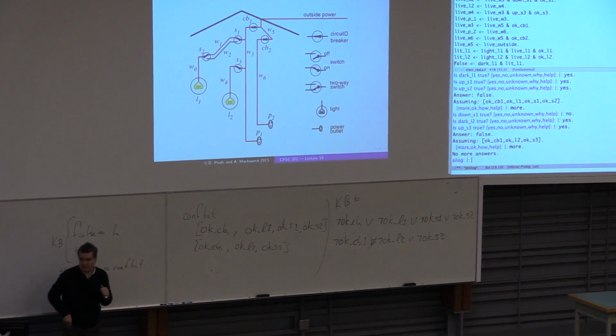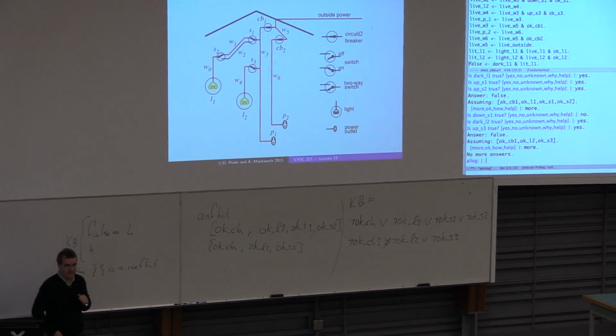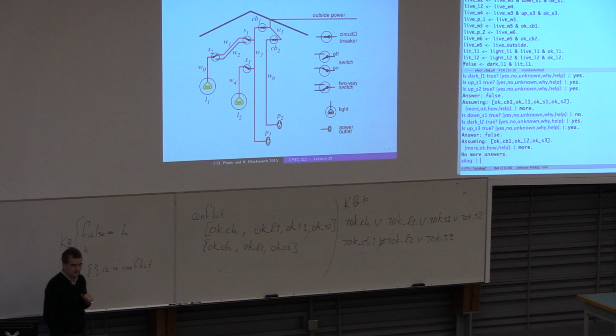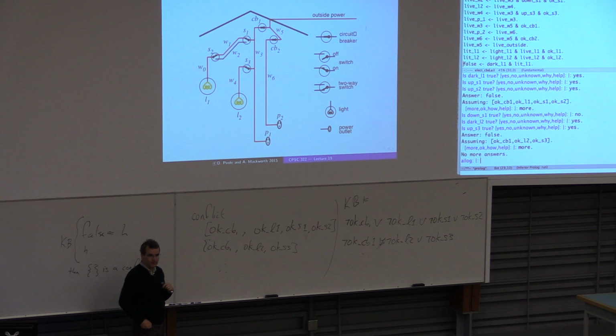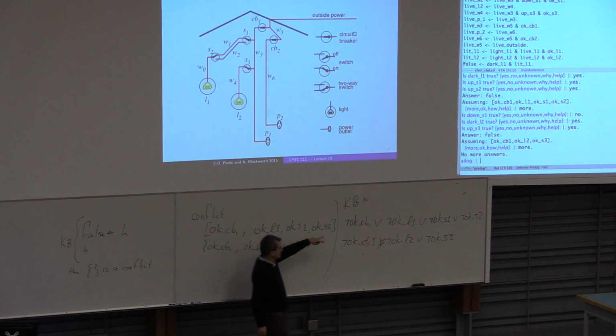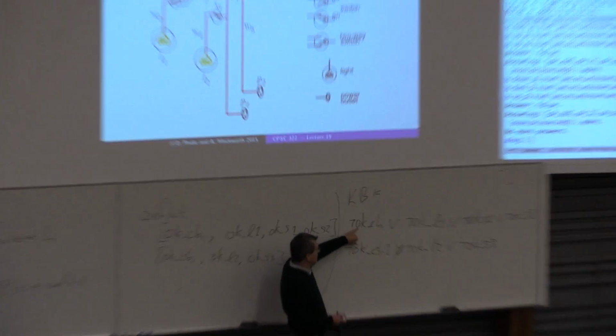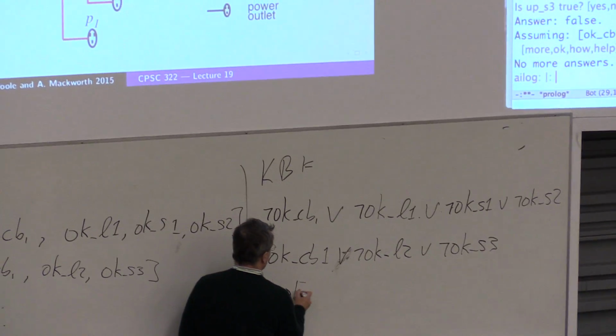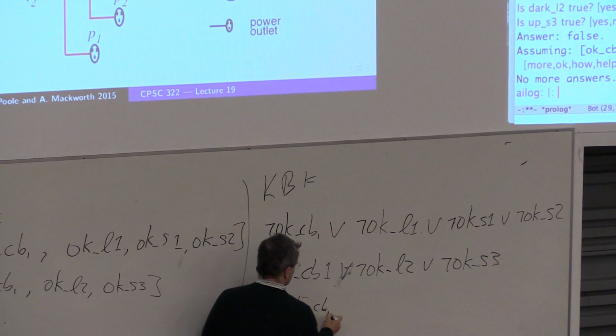Is there any one thing that could account for all of these errors? Right, so these two have these two in common. So this is equivalent to not okay CB1.